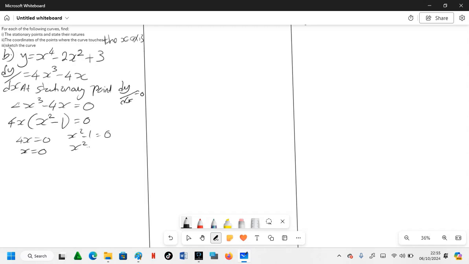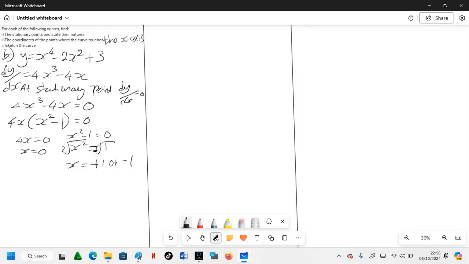Right, so x squared is equal to 1. Therefore, we get the square root of both sides, plus or minus. Therefore, x is plus 1 or minus 1. It's very important that when you find the square root of both sides, you remember to say plus or minus, right?